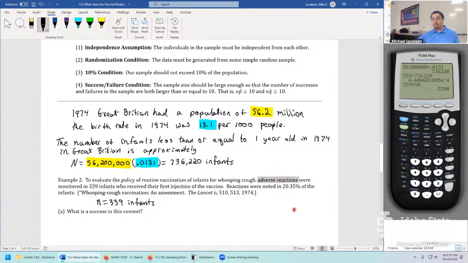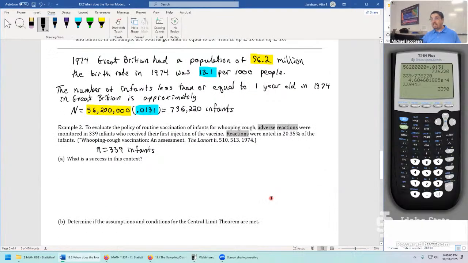So it's talking about adverse reactions once, and that makes us think that's probably what the successes are all about in this problem. It goes on to say reactions, as in the adverse ones, were noted in 20.35% of the infants. So that word came up twice, and they're talking about adverse reactions twice, really. That's what the study is all about. How many of these kids had a bad time after their first injection of the whooping cough vaccine? So that's the success.